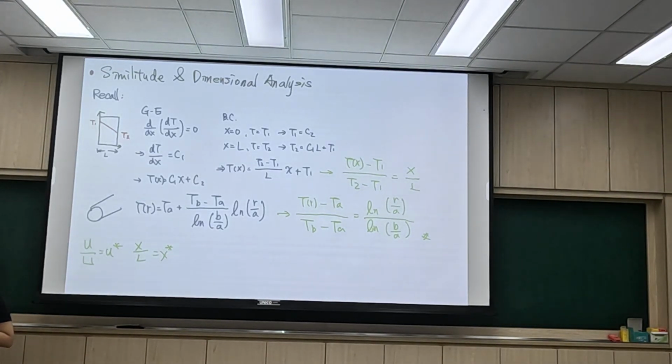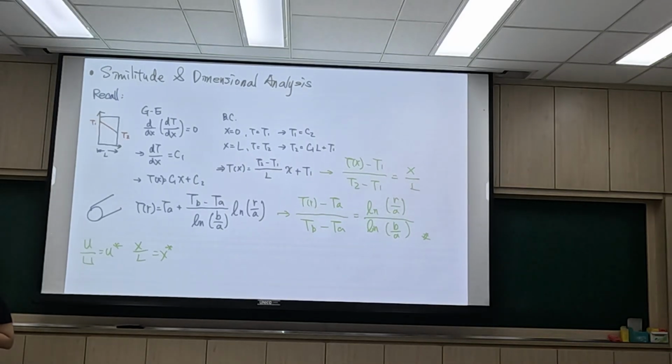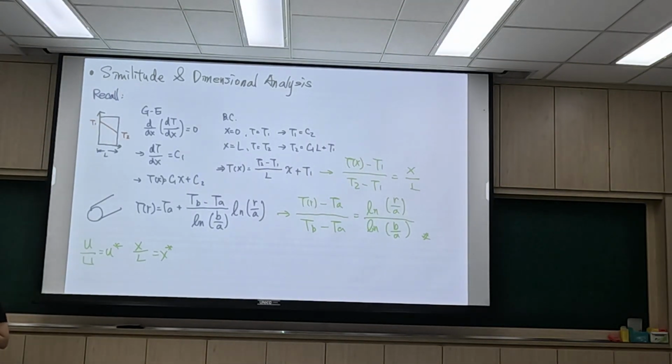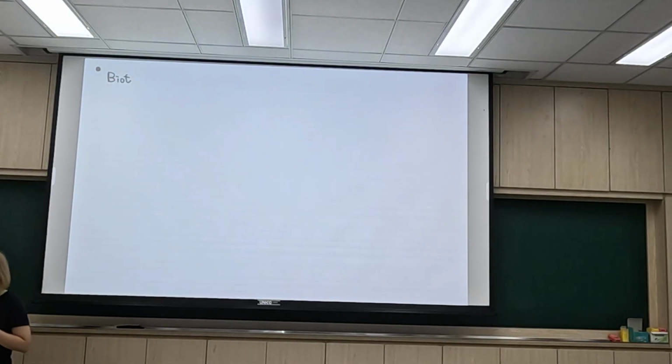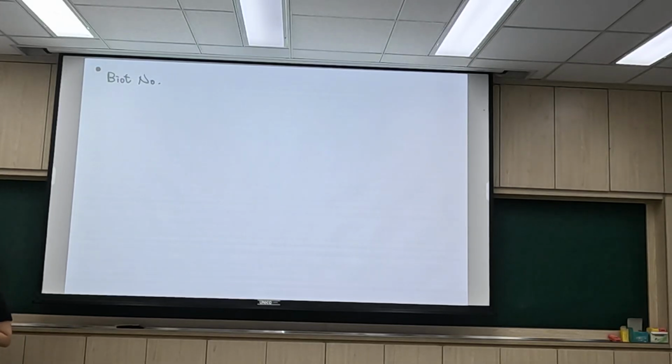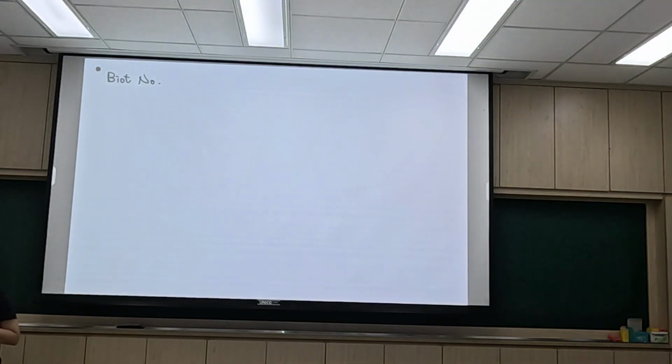Okay, once we have this, I would like to introduce the most important parameter in heat transfer. As we probably already mentioned a little bit, compared with fluid dynamics, where it is the Reynolds number, in heat transfer we call it the Biot number.